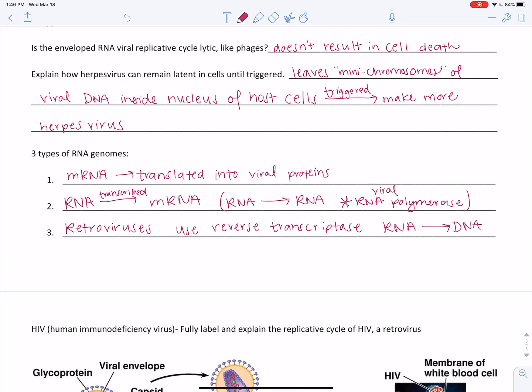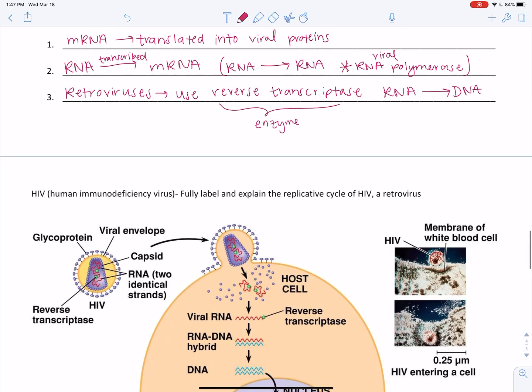This reverse transcriptase comes with the virus, and basically what it does is, using the machinery from the host cell, like the nucleotides, the ATP, all that good stuff, it takes its RNA template and makes it into DNA. We will see this with HIV, so we'll look at HIV in a second.